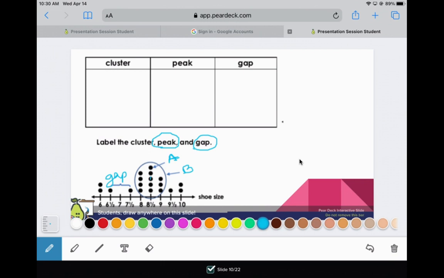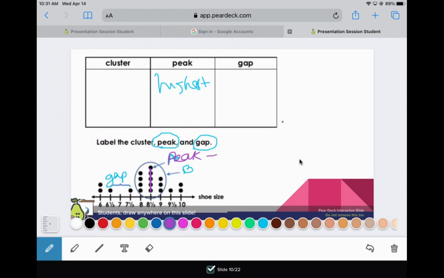Okay, so peak is the highest value. So I'm looking here, the highest one. All right, thank you, Winston and Alfonso, for responding. The peak is actually A, this one right here, because this is the tallest stack, right? You have the most points.